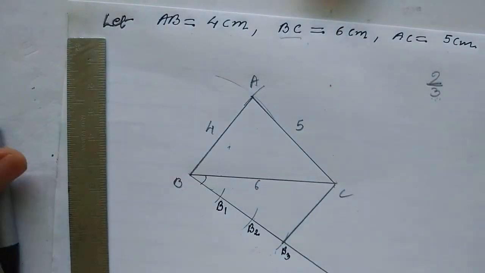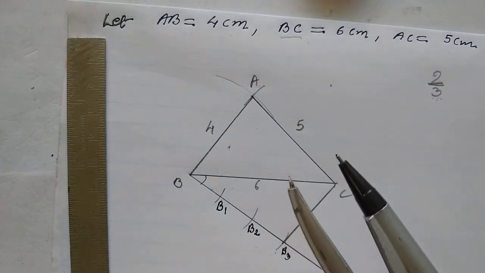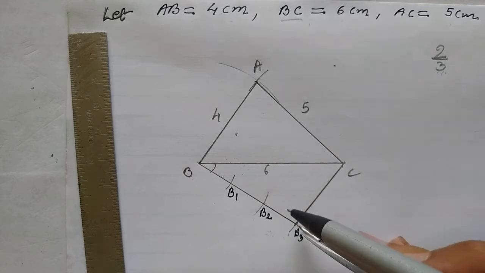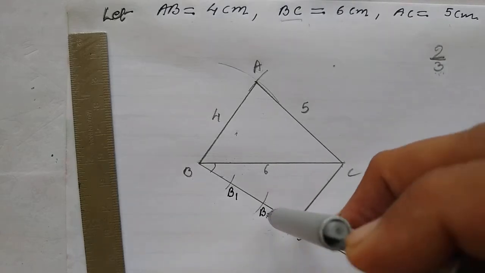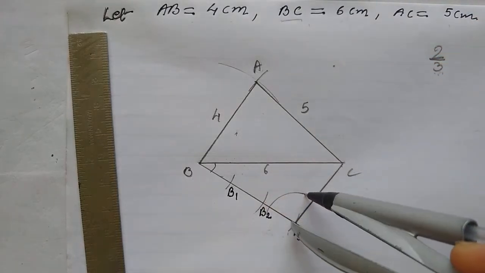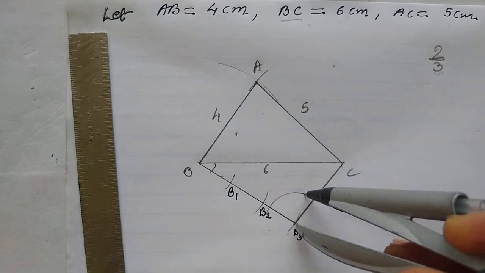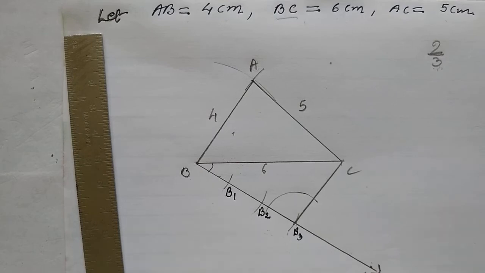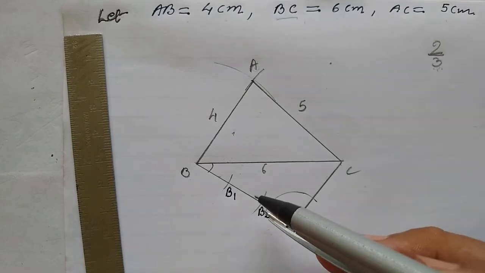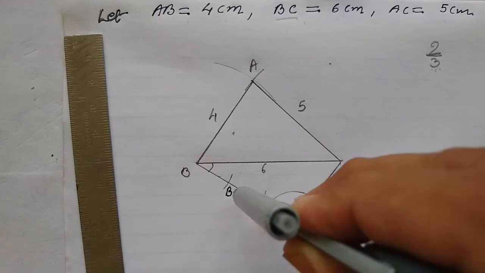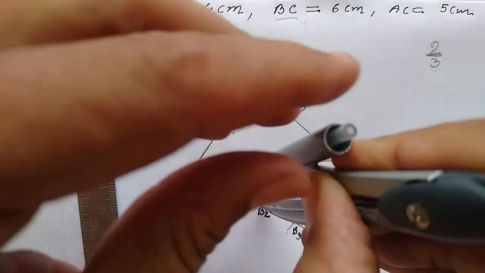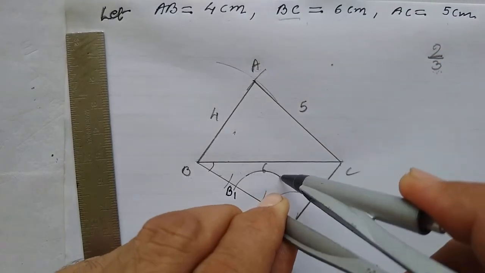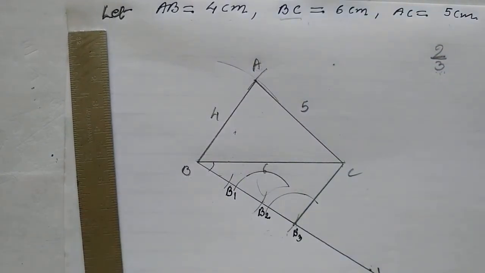Now children, take the pair of compass, convenient radius. From B3 draw one arc such that it will intersect both these sides. Because we want to draw a line from B2, from B2 we take one arc.